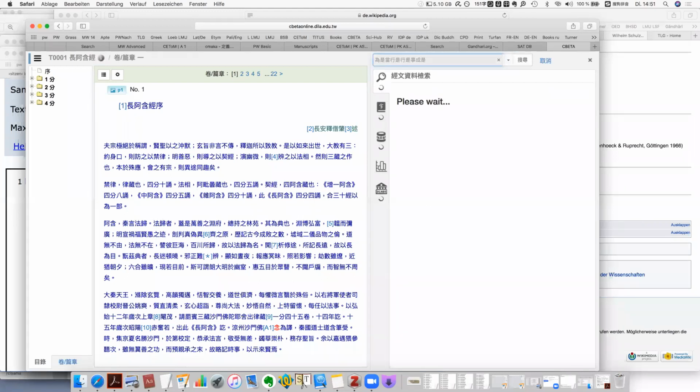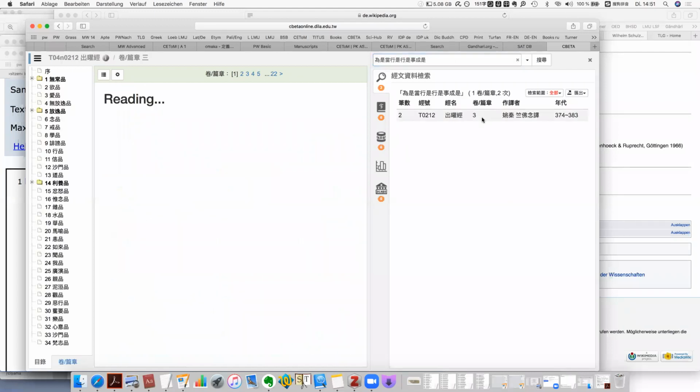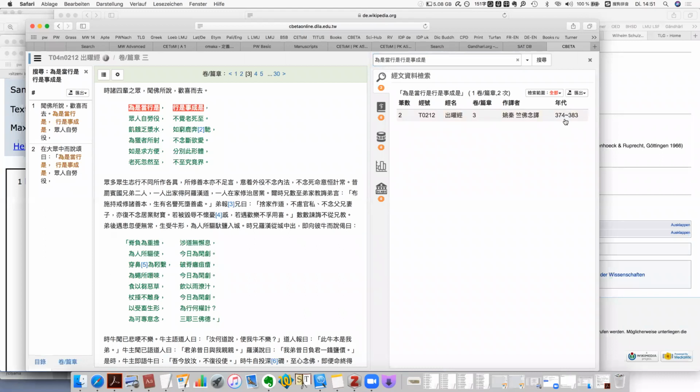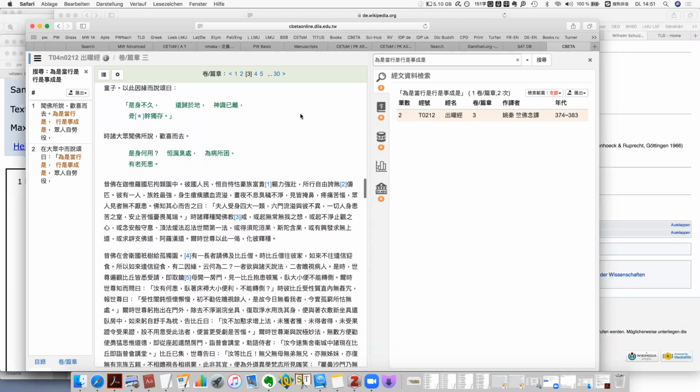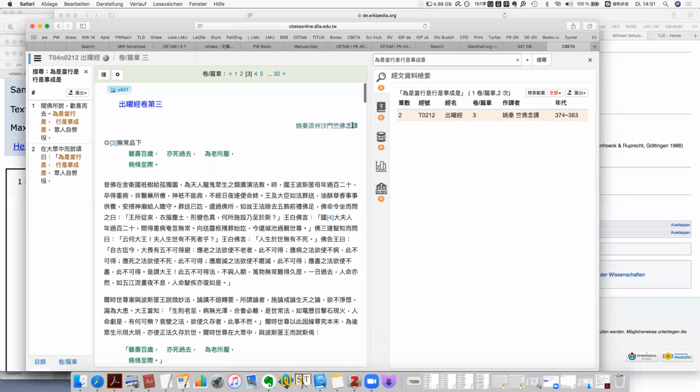It's better to read Sanskrit together with Chinese. Yeah, it's better. It was made by Zhu Fonian, around the fourth century. Oh, I forgot his Sanskrit name. So you can check it.